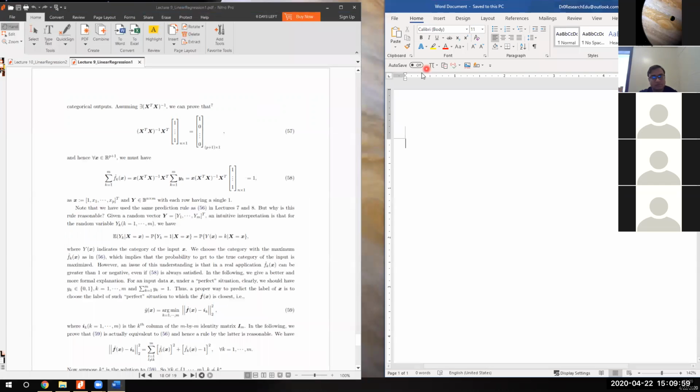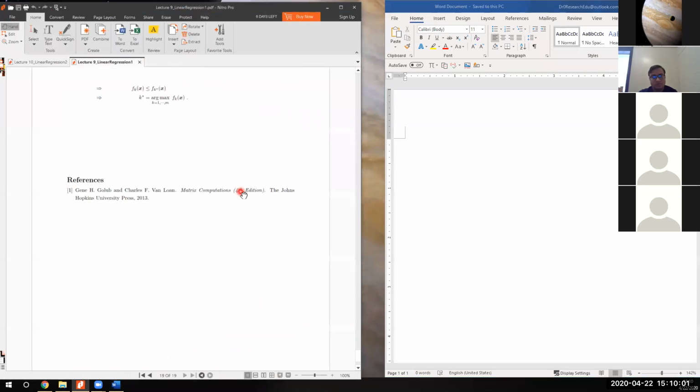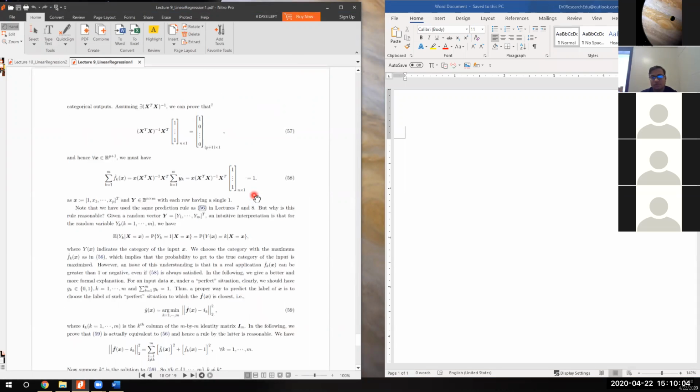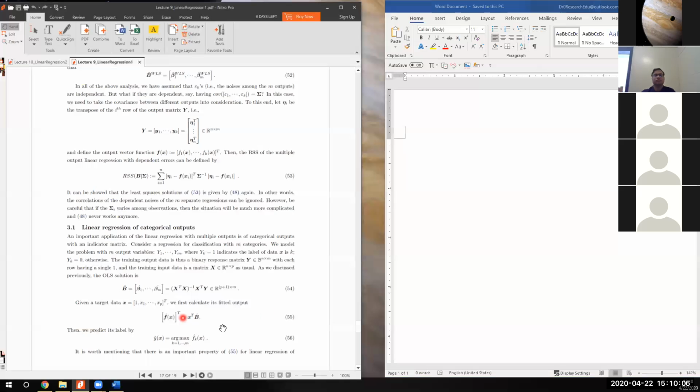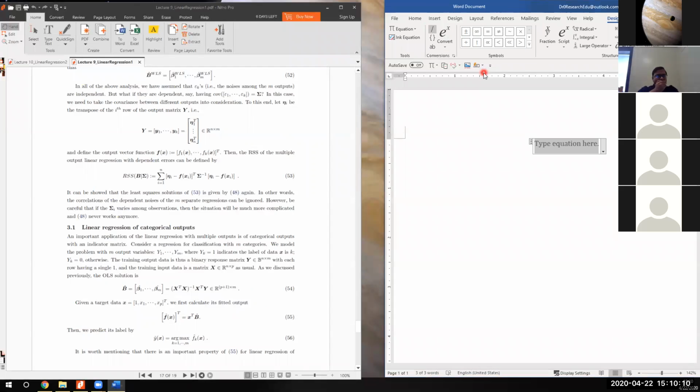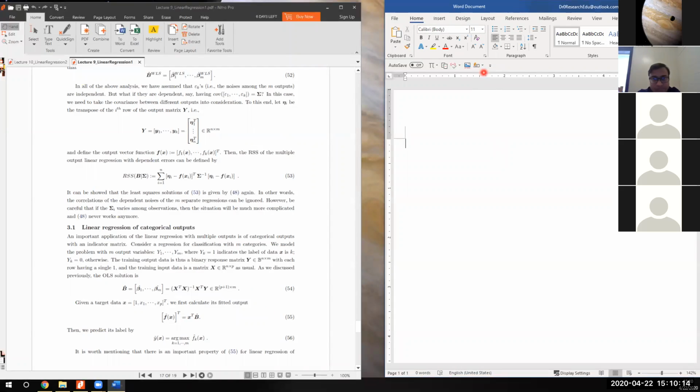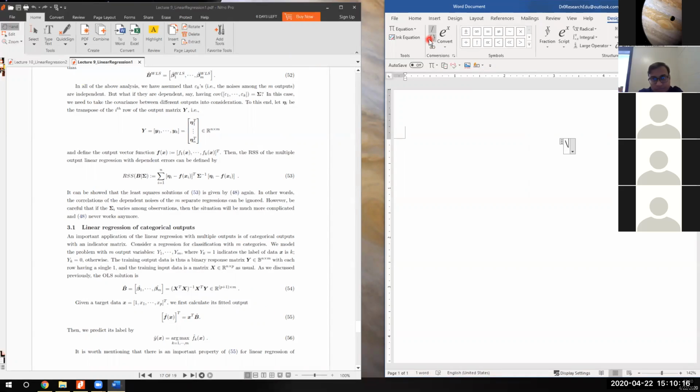Okay, here 55, right? So what I have is this. I will have f hat x. This equals, let me make everything bold, because x is also a vector.